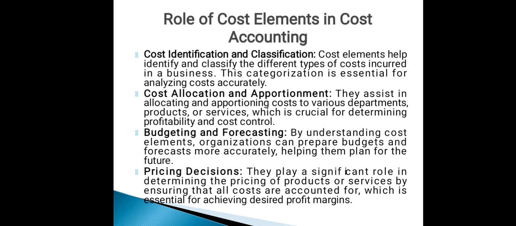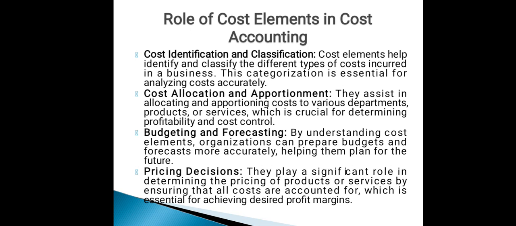By understanding the cost elements, the organization can easily prepare how much cost they require for raw material purchase, for human resources, and for other expenses. If they know the cost for each element, the company prepares the budget for the upcoming period.